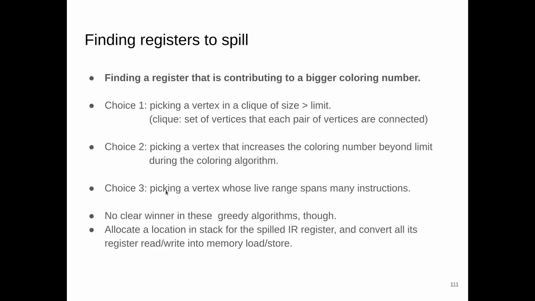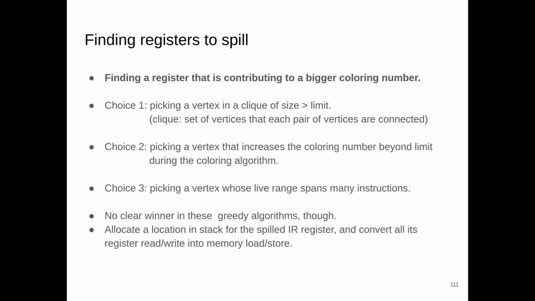The third choice here is picking a vertex whose live ranges span many instructions, basically. So it is similar to choices 1 and 2 in that it is picking a vertex whose live range is long, which means that it is likely to interfere with other registers much. But it is not a very precise measure.